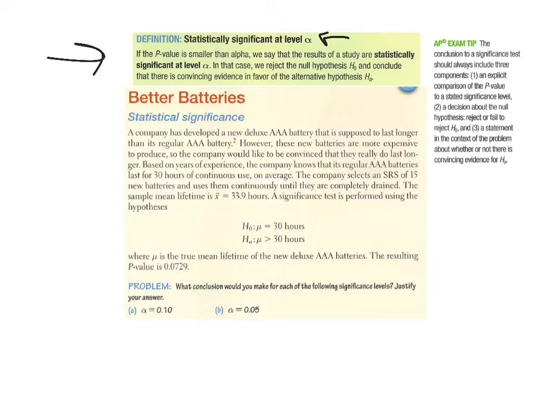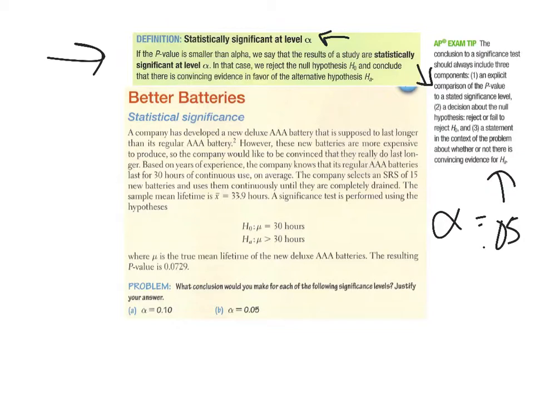So if you look over on the side here with our exam tip, our conclusion for a significance test always has 3 parts. We're comparing the p-value to the stated significance level. My p-value in the last example was 0.1404, and let's say I wanted my alpha to be 0.05, so I would be explicitly comparing 0.14 to 0.05, 0.14 being greater than 0.05.